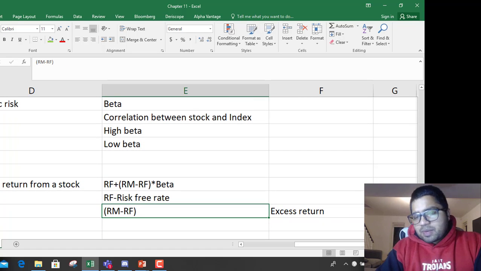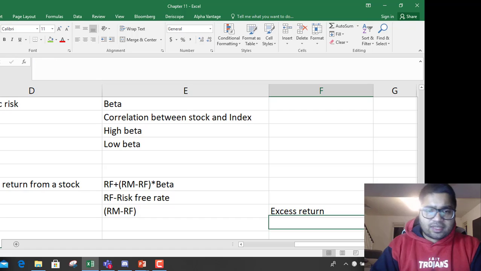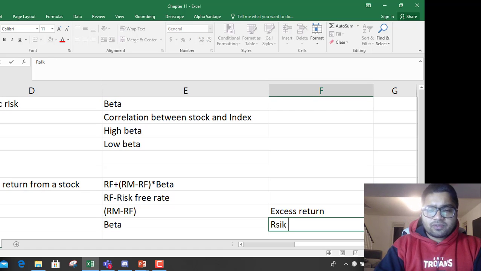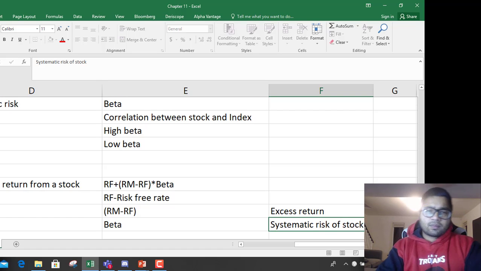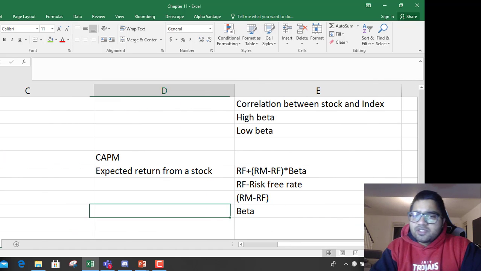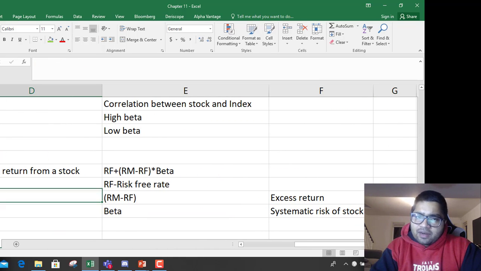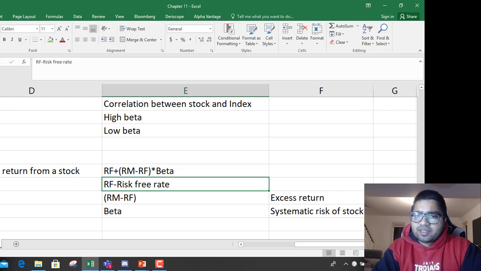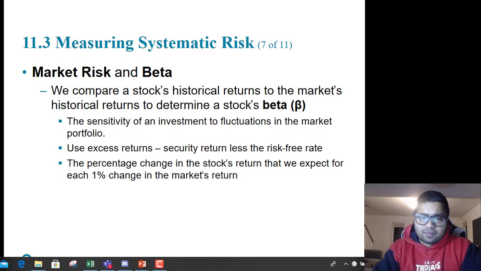RM is the market return, minus risk-free, that is called the excess return, and beta is the risk of the stock, the systematic risk of the stock. So returns from any stock are a function of the risk-free rate in the market plus return on market minus risk-free times beta.